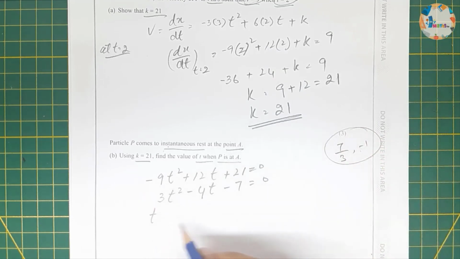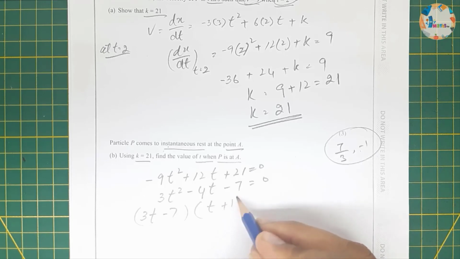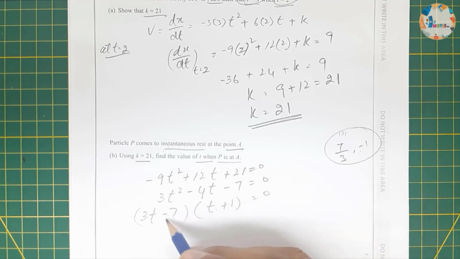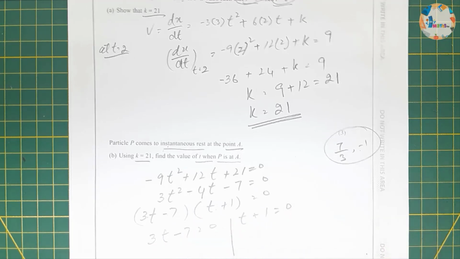So we can write 3t minus 7, and the other factor will be t plus 1, equal to 0. If we check, this will be 3t squared plus 3t minus 7t and minus 7. Yes, so it's correct. So 3t minus 7 is equal to 0 and t plus 1 is equal to 0.